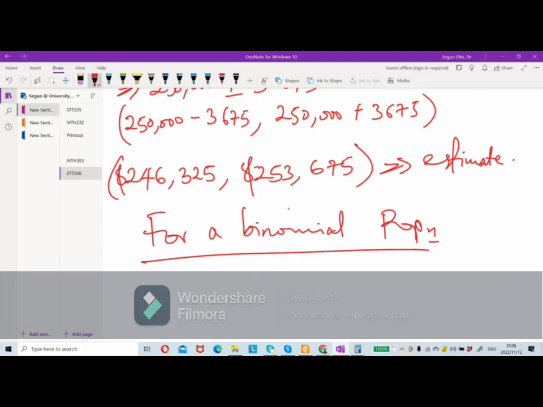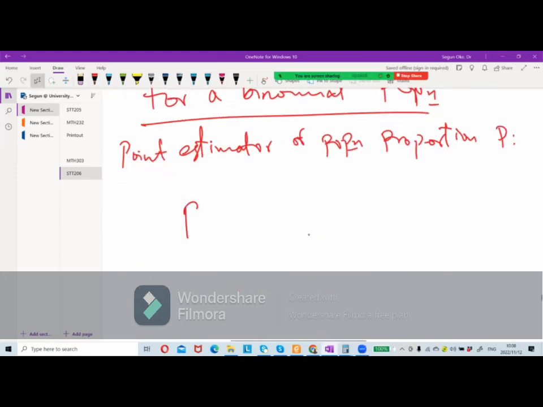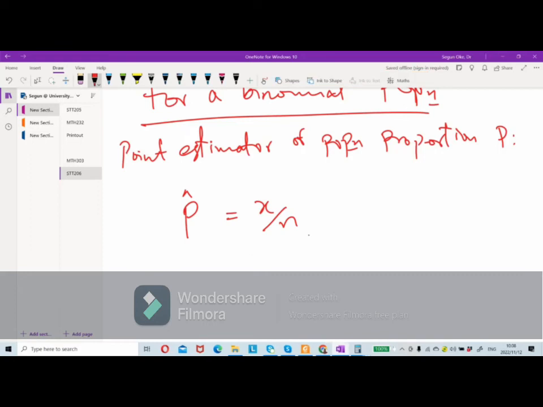You remember when you are given a point estimator of population proportion P. At this point, our P cap is equal to X divided by N. So what is our margin of error in this case?